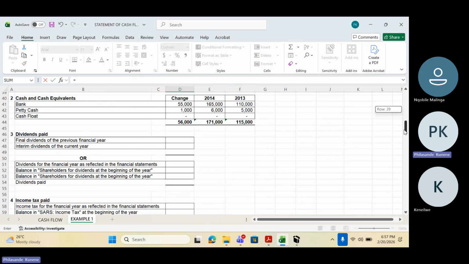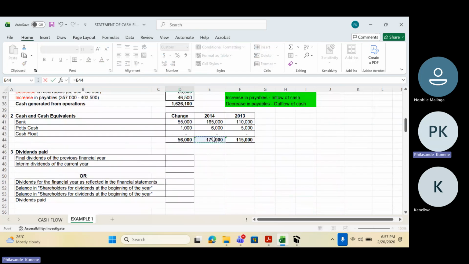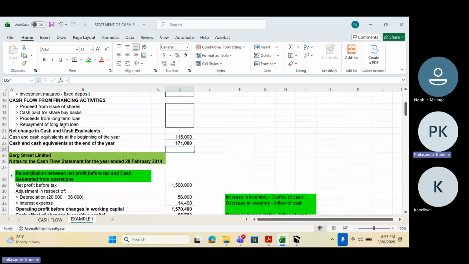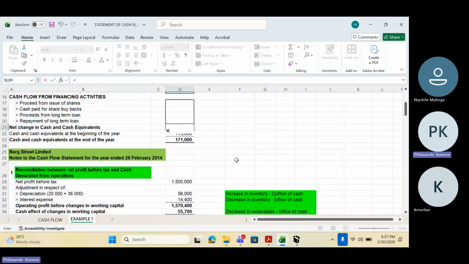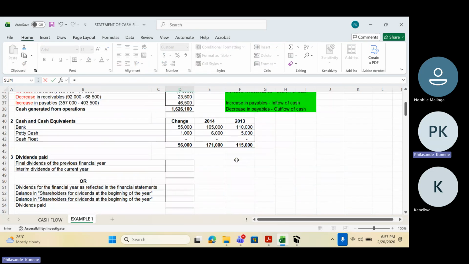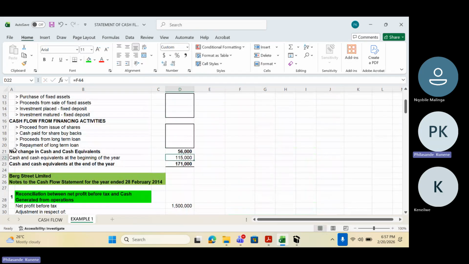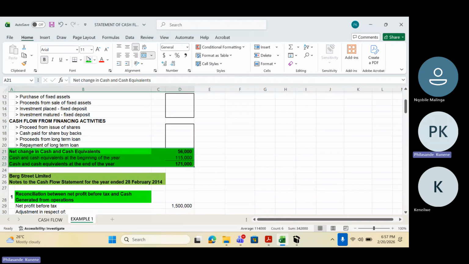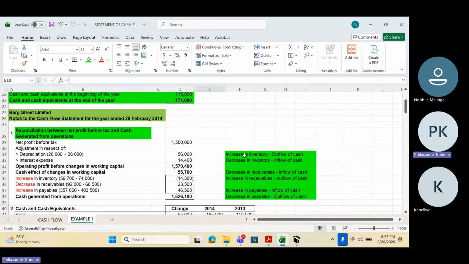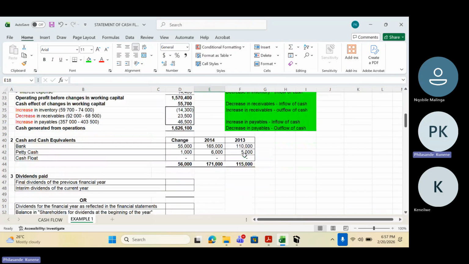That is the one that we calculated here. And then the net change in cash and cash equivalents is going to be the 56,000. So which means now this part of cash flow is complete, right? It is complete. Just from note number 2, you can see how these notes are helping us.